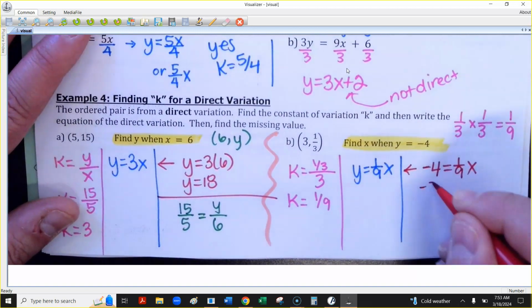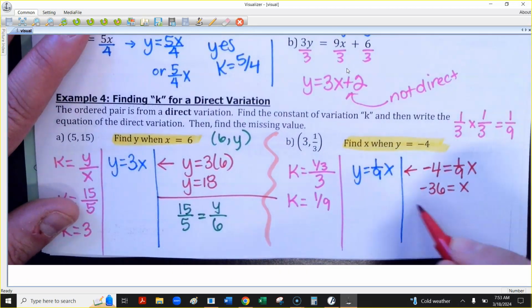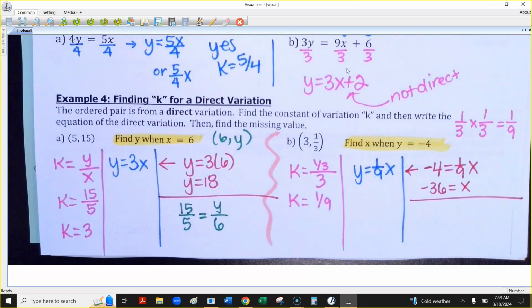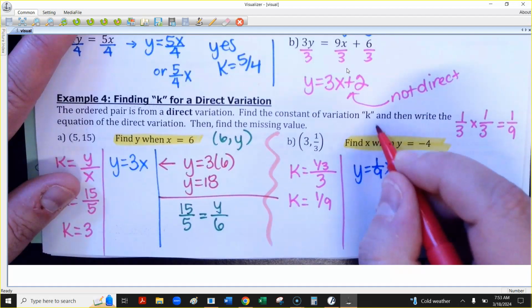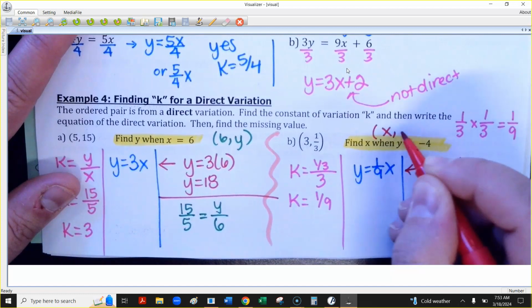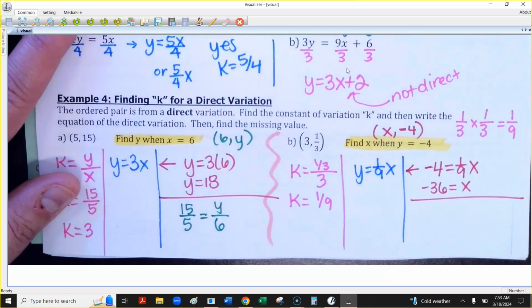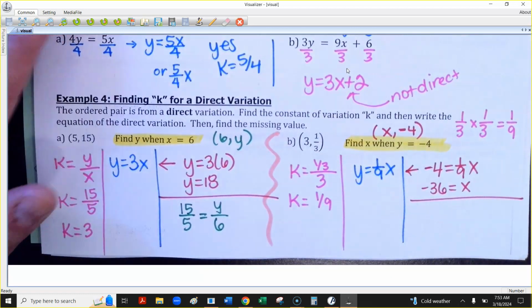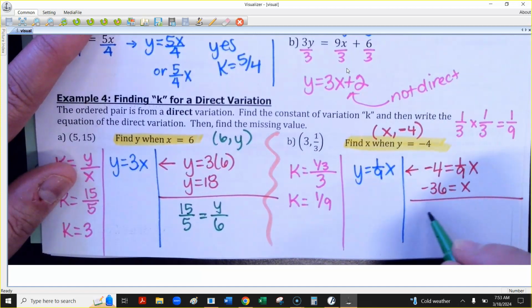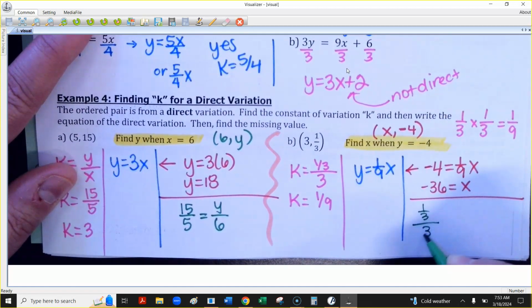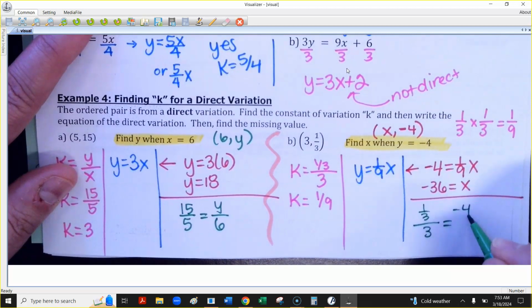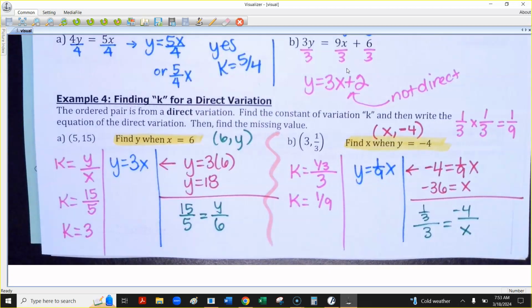So -36 would be equal to x. Your other option, like I said, if you have a point here, I don't know x, but -4 is the y coordinate. So you could do a little proportion: 1/3 over 3 has to be equal to -4 over x, and you could do it that way too. It's totally up to you, whichever is easier.